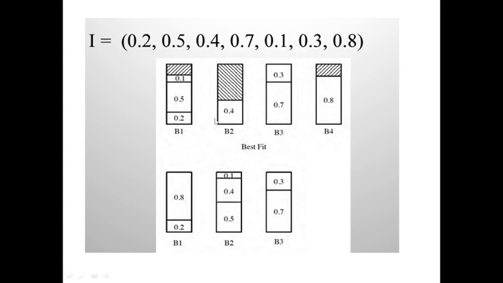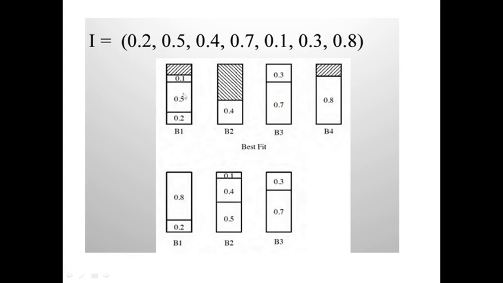This is how the best fit algorithm works, and this is the optimal fit that you have already been shown earlier. Here you are looking for the tightest fit. So 0.2 goes to bin 1, 0.5 also goes to bin 1, 0.4 cannot be accommodated in bin 1, so we create a new bin, bin 2. 0.7 can be placed neither in bin 1 nor in bin 2, so a new bin is created. Once 0.1 comes, we could keep it in bin 2 or bin 3, but we won't.